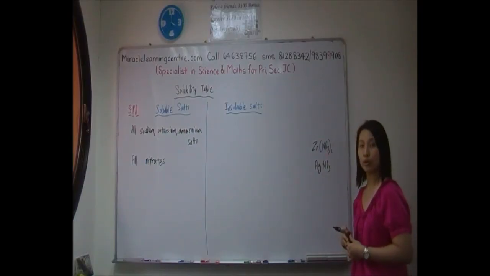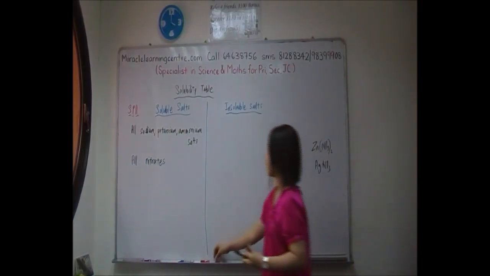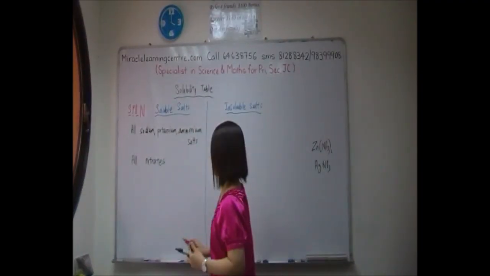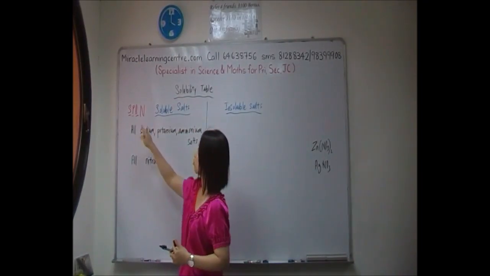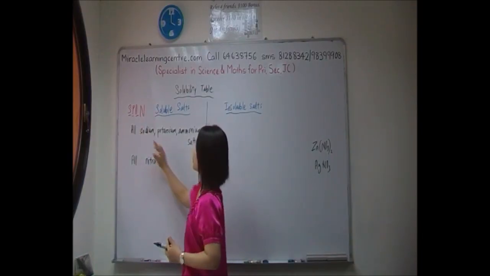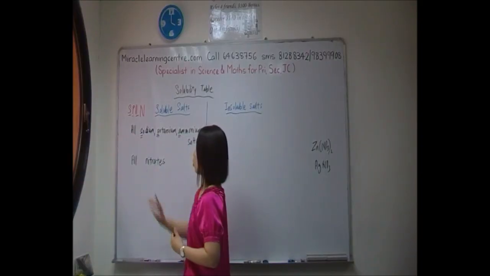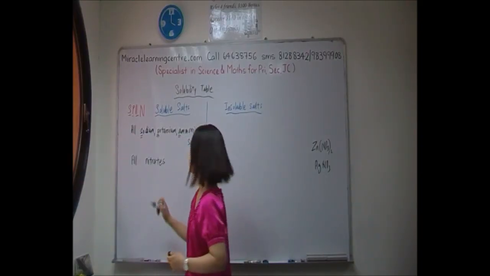They are all soluble in water. You can add an N in front of SPA, so all SPAN salts are soluble. Okay? All SPA salts refer to sodium, potassium, and ammonium salts. All nitrates are soluble.